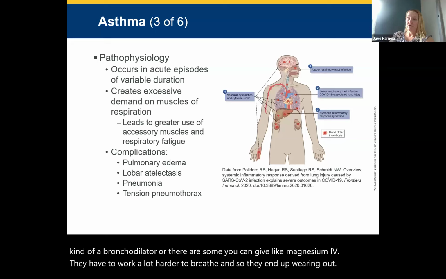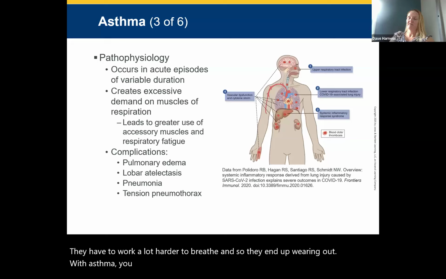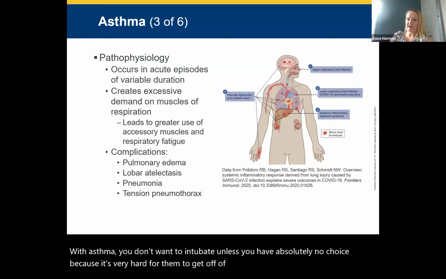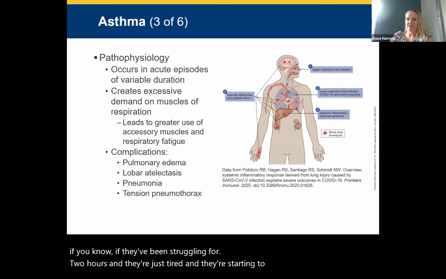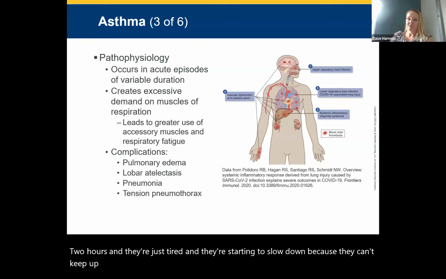With asthma, you don't want to intubate unless you have absolutely no choice because it's very hard for them to get off of the ventilator. But if they're wearing out, if they've been struggling for 2 hours and they're just tired and they're starting to slow down because they can't keep up this pace, you have to intubate because otherwise they're going to die.